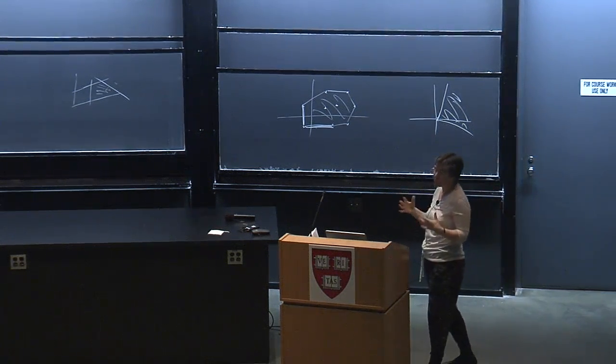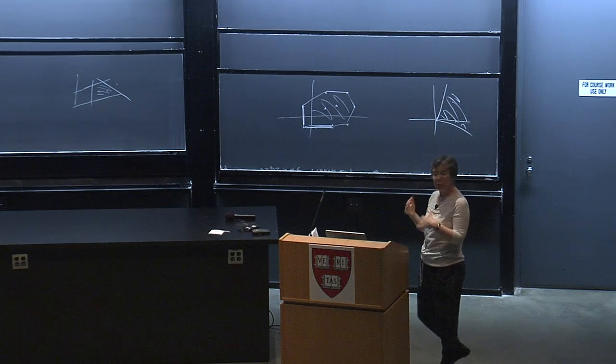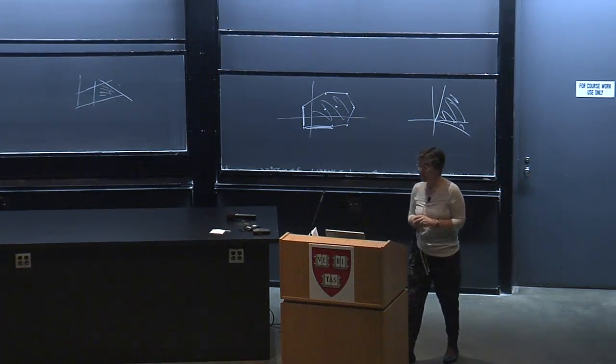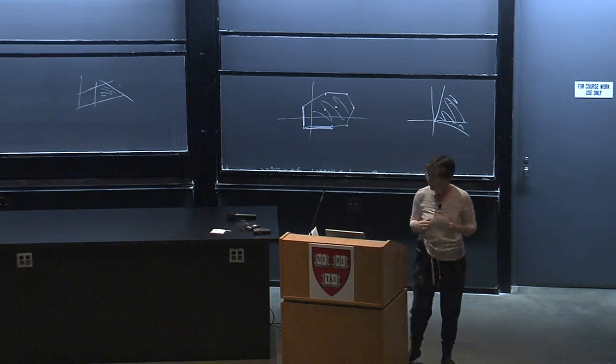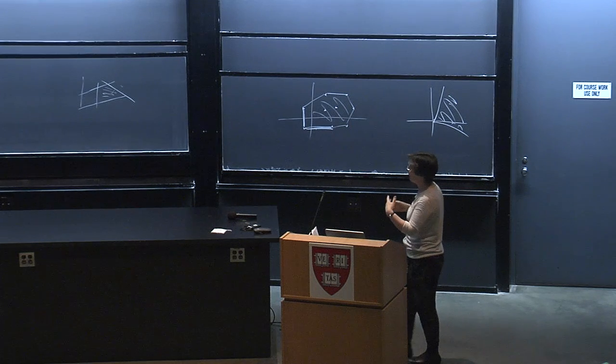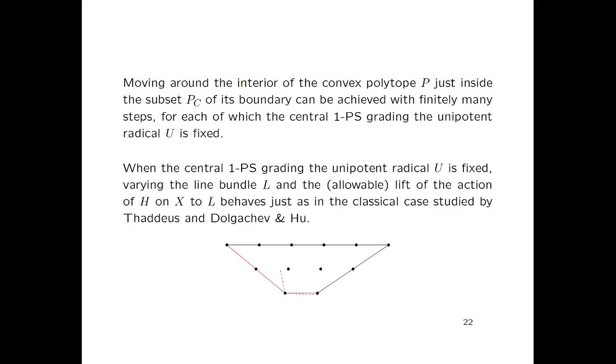And then you can also prove that when you regard the central one-parameter subgroup grading the unipotent radical as being fixed, then varying the line bundle and the linearization, under the constraints that we have to put on the linearization, it behaves just exactly as in the classical case studied by Thaddeus and Dolgachev and Hu.